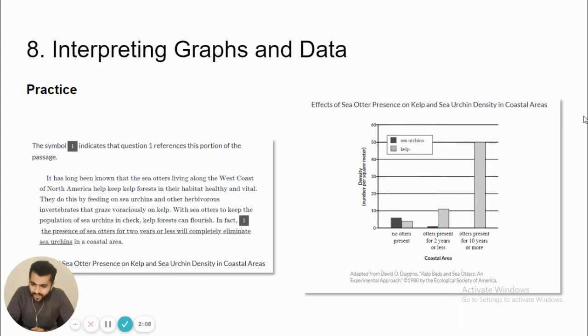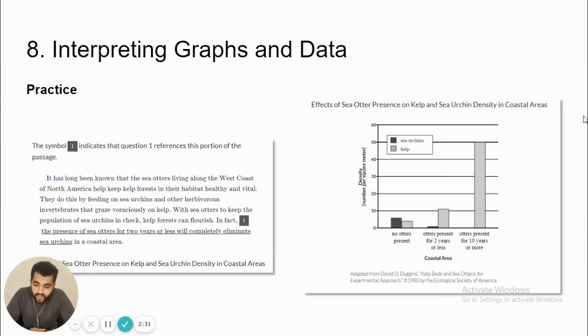They do this by feeding on sea urchins and other herbivorous invertebrates that graze voraciously on kelp. So if the animals which eat the forests are no longer there, then obviously the forest will grow more. With sea otters to keep the population of sea urchins in check, kelp forests can flourish.